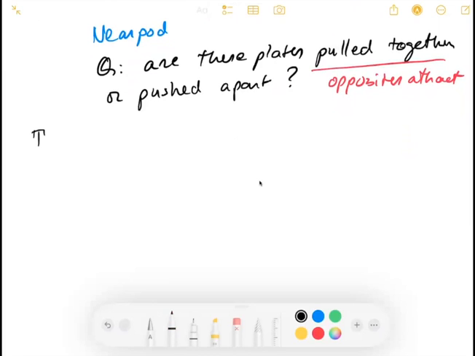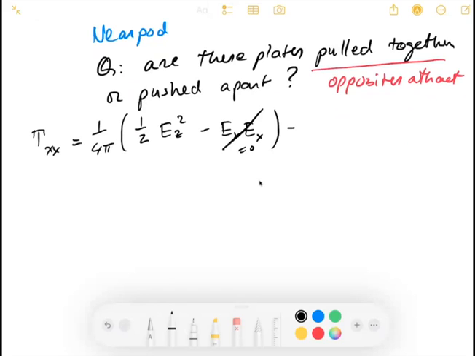All right, here we go. T_xx. It's going to be 1 over 4 pi, and it's going to be 1/2 E_z squared minus E_x, which is 0, so 0. So we just get E squared over 8 pi. Okay, T_yy. Same thing, we get E squared over 8 pi.